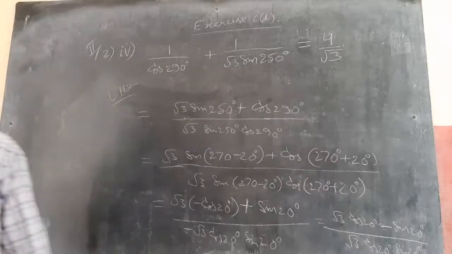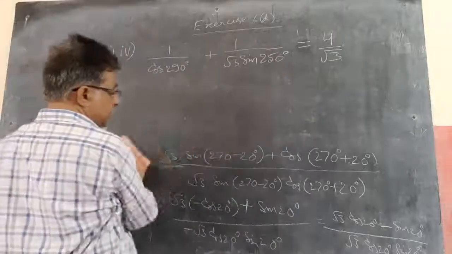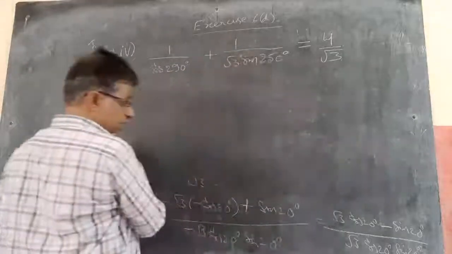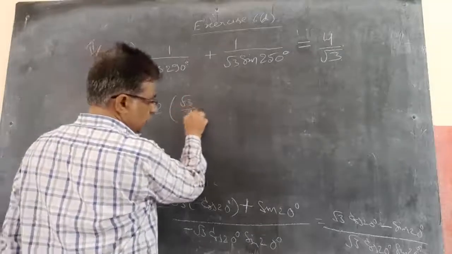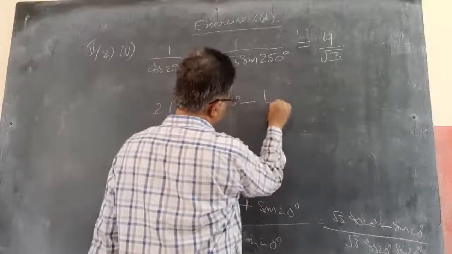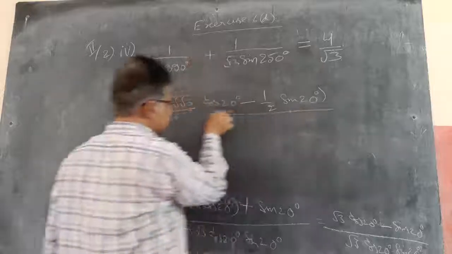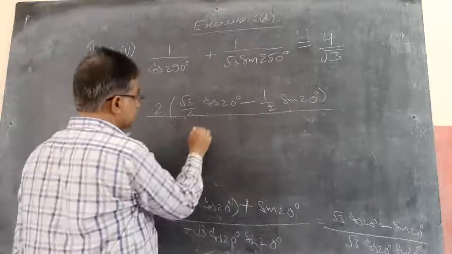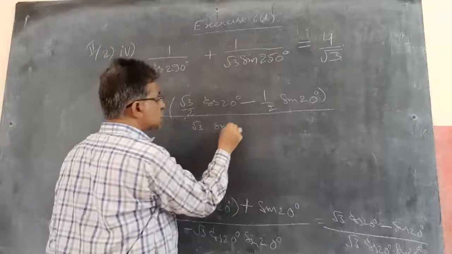So what happens? If I multiply and divide by 2, the numerator becomes 2 into root 3 by 2 cos 20 minus 1 by 2 sin 20, and the denominator as it is, root 3 into sin 20 into cos 20.